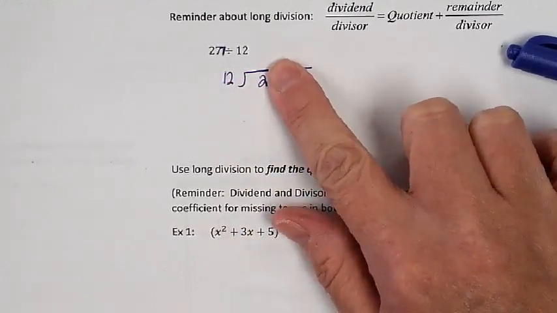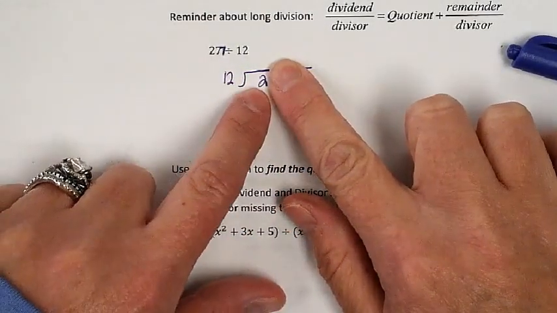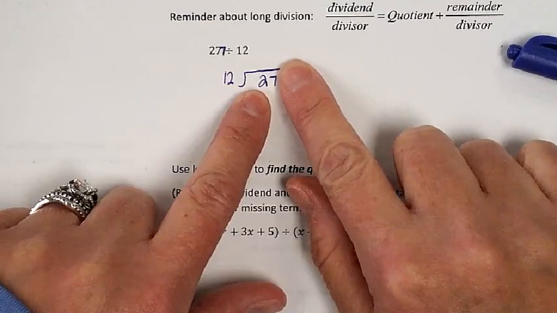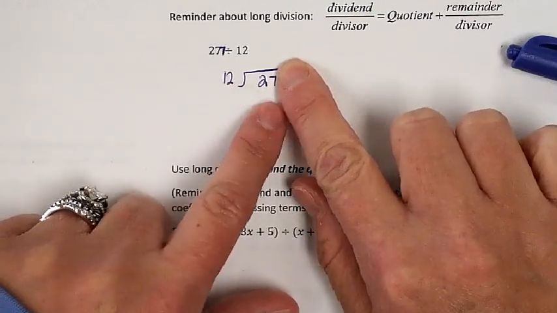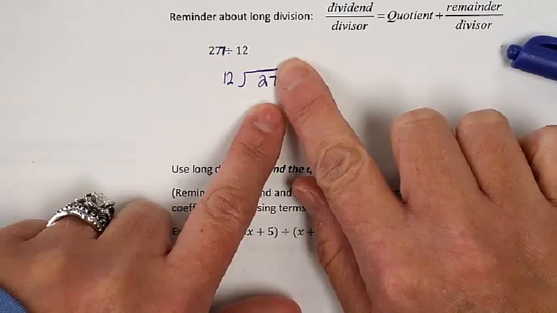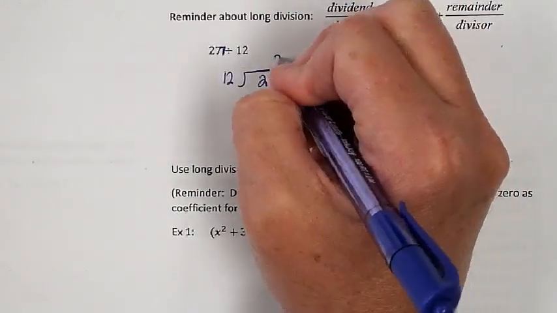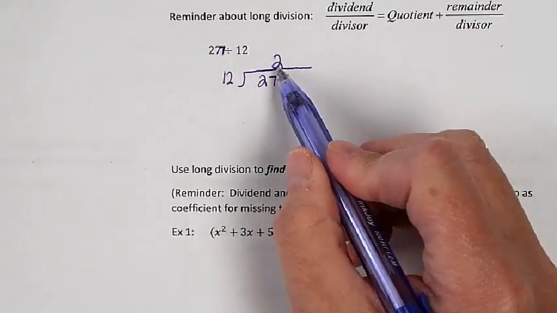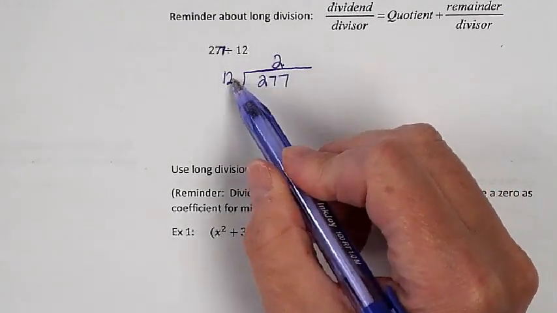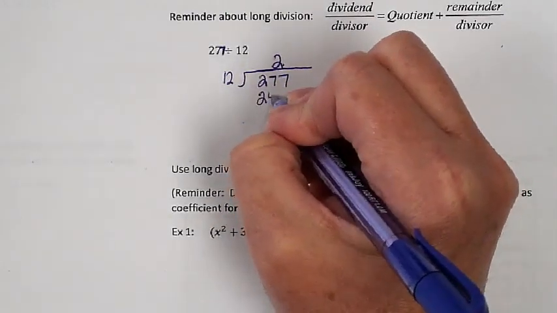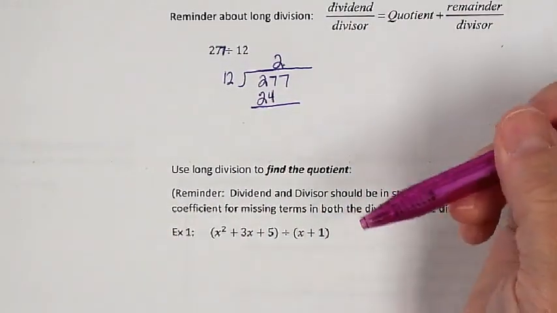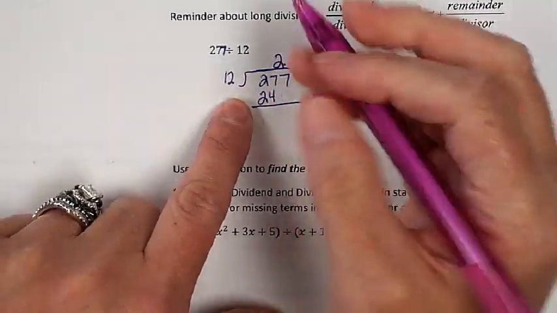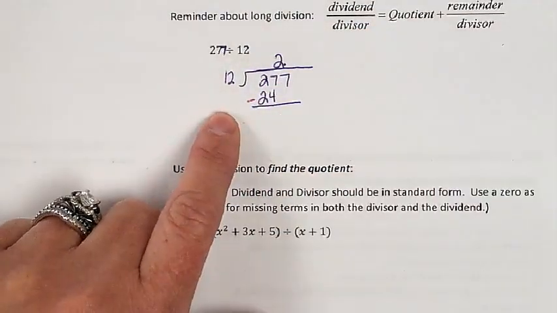So first, if we look at the 2, well, 12 can't go into 2, so then we look at 27. How many times can 12 go into 27? Twice. So now we multiply 2 times 12, which is 24. And then we have to subtract here. So we're going to subtract 24.